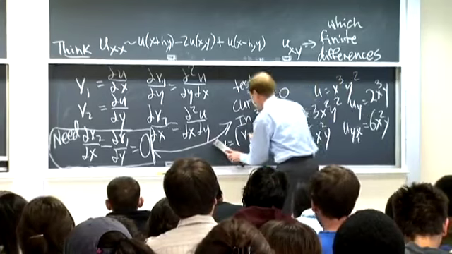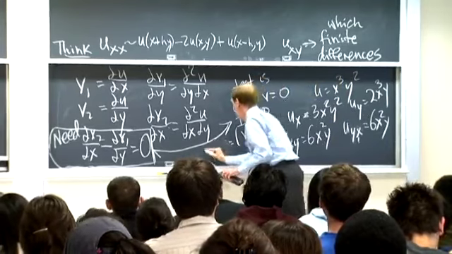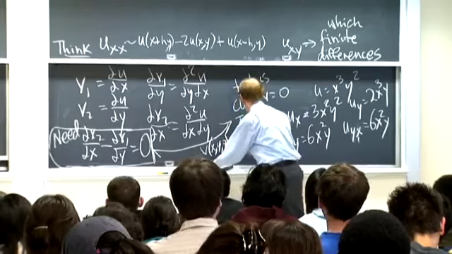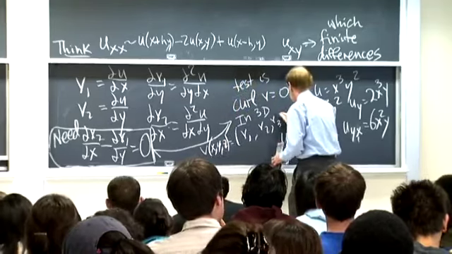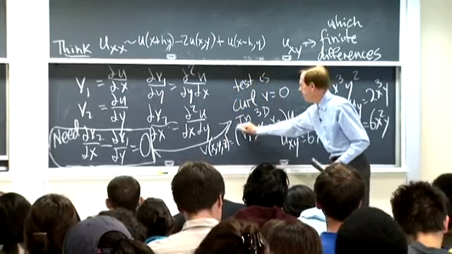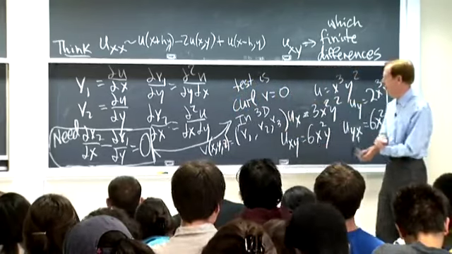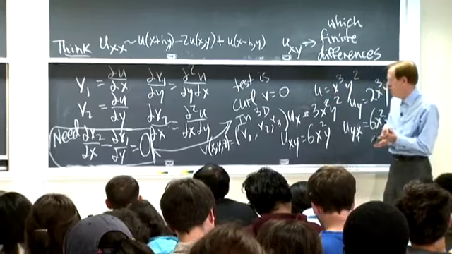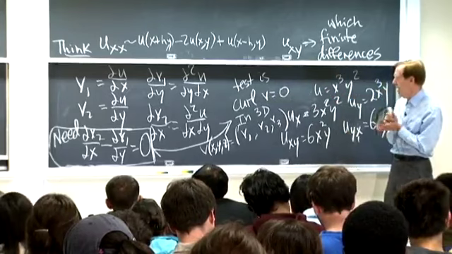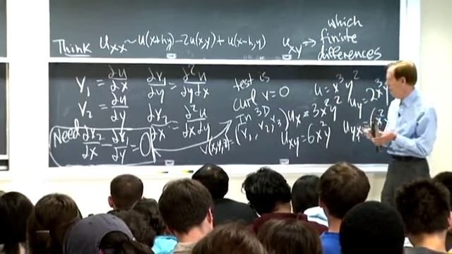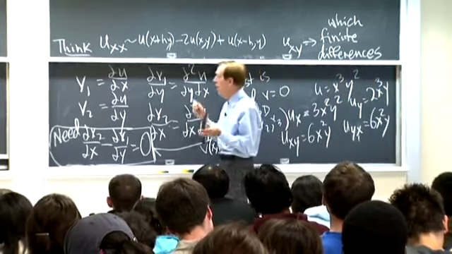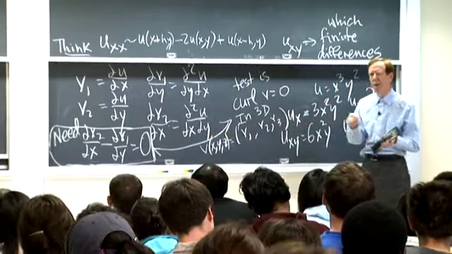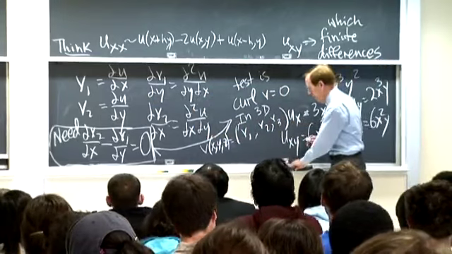In 3D, I have a vector field V, which has components V1, V2, V3, all depending on x, y, z. That's the general 3D picture where you usually see the curl. Now, in the plane, what's happening? In the plane, we have only 2 components.